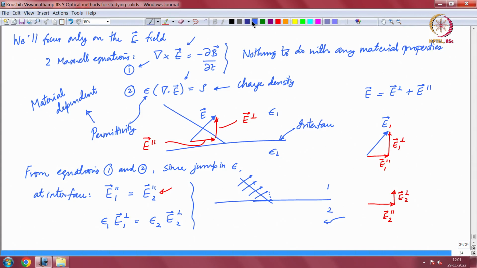The reason is that in the equation that we have written down here, if 1 is let us say air, then epsilon 1 is 1, then the E bar 2 perpendicular is 1 by epsilon 2 times E bar perpendicular 1, and if I take a magnitude on both sides, then epsilon 2 is greater than 1, and so E bar 2 is less than E bar 1 perpendicular.